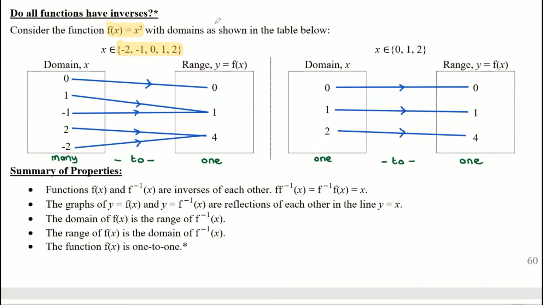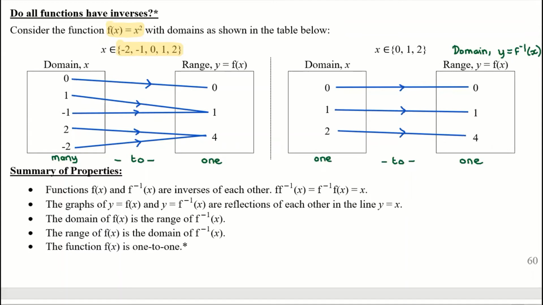If we start with the one on the right-hand side, the inverse function of this with the inputs of 0, 1, 2, remember that the range becomes the domain. So this is the range of y equals f of x, but this is also the domain of y equals f to the -1 of x. I think that's consistent with what we've said already.